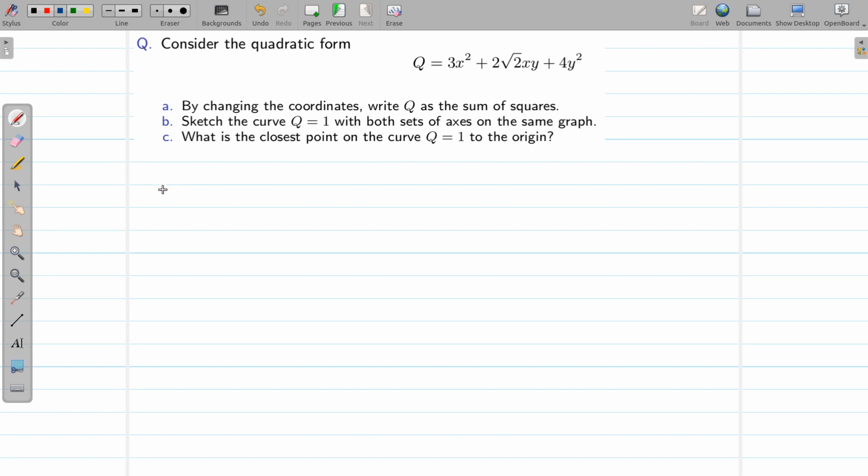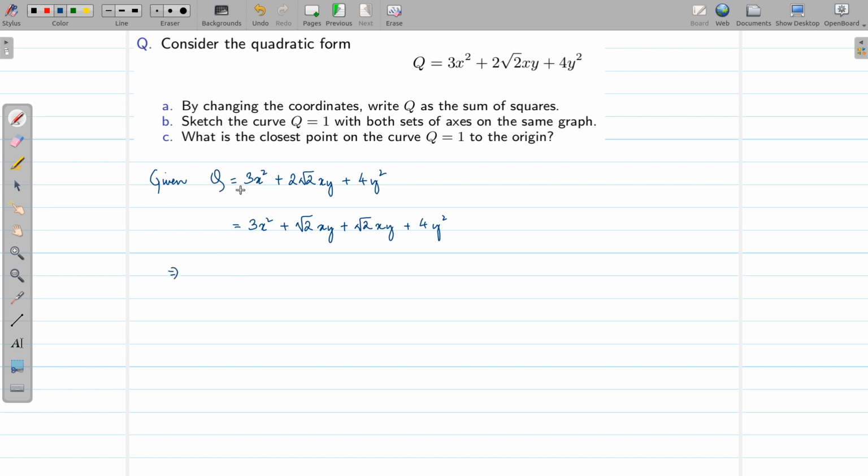So over here, given q is equal to 3x square plus 2 root 2 xy plus 4y square, this is equal to 3x square plus, breaking this up into two parts, root 2 xy plus root 2 xy plus 4y square.